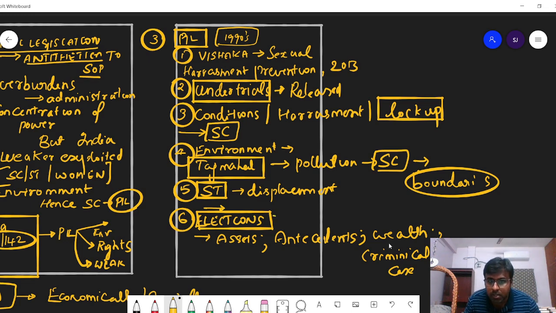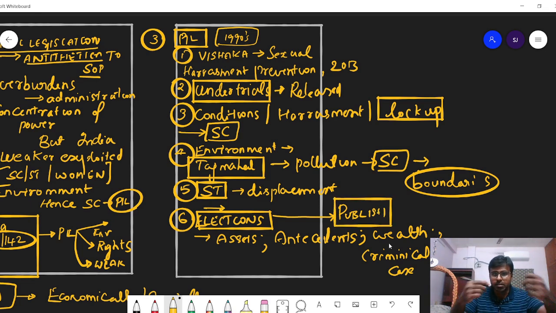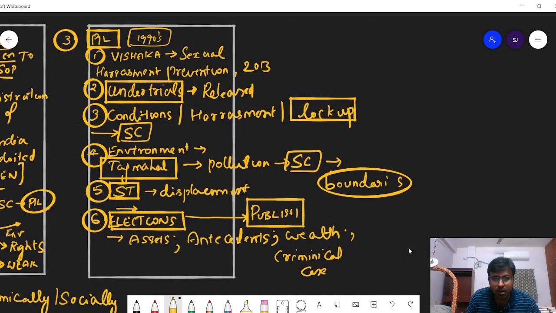What the Supreme Court said was, publish them. Earlier it was not there. It was because of the public interest litigation. The Supreme Court and the Election Commission gave directions that candidates must give a declaration of assets, antecedents, wealth, and criminal cases, but it was not being done at all. But the Supreme Court gave this direction, and it has now changed.